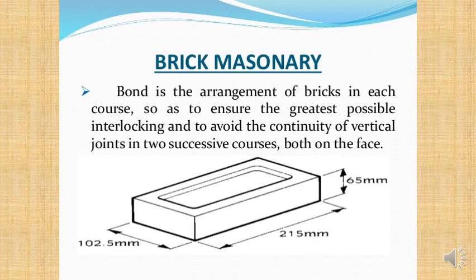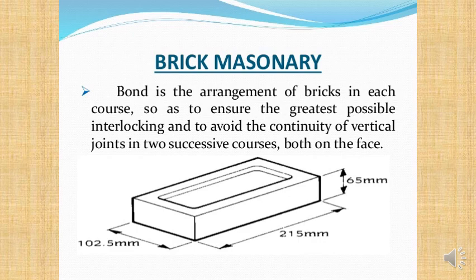Half of the stretcher length would be 107.5 millimeters. So the header length is actually 5 millimeters less than half the stretcher length. We'll talk more about why they always make masonry blocks that shape later, but we'll get there. But that's an example of what a brick masonry block might look like.